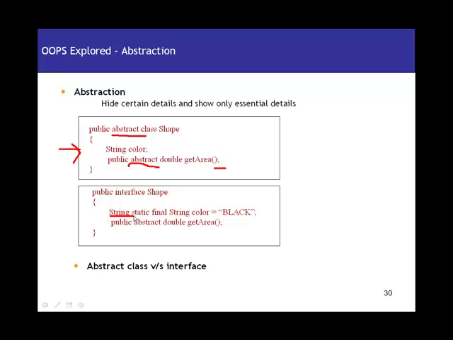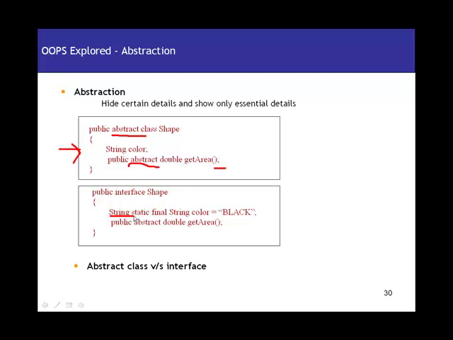When you have other classes to extend from, you can always go for interfaces. But let's talk conceptually now: what's the difference between an abstract class and an interface, and when do you use which one? Let's have a look at this.